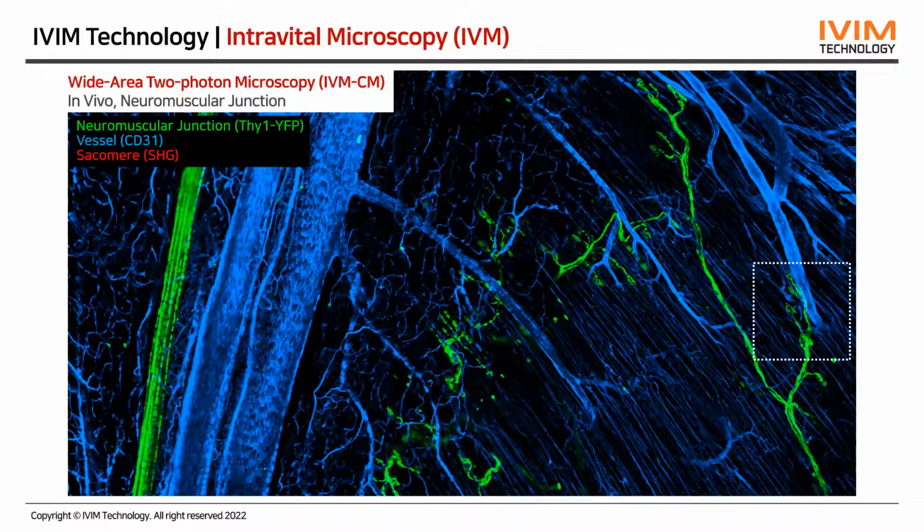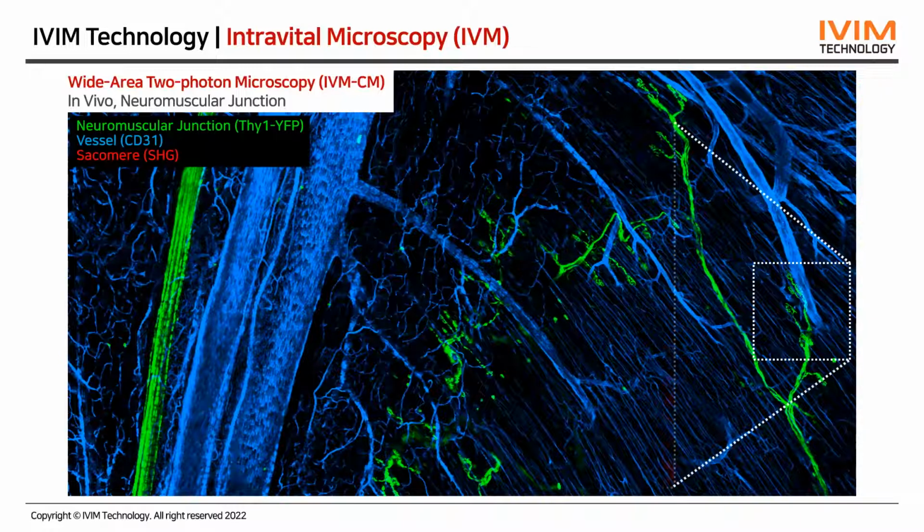This is a wide-area image we obtained from skeletal muscle of a live mouse model by using the two-photon model IVIM-CM, which clearly shows blood vessels in blue and nerves in green. Now let me zoom into this area.